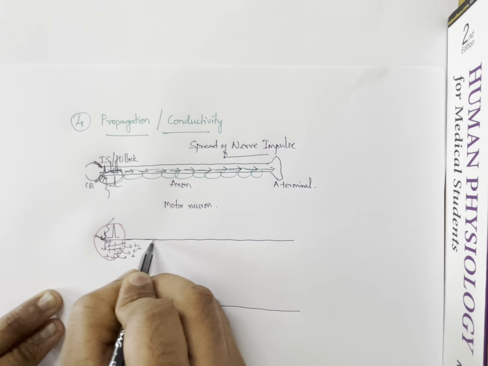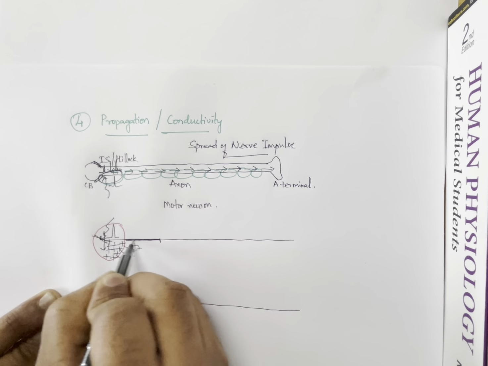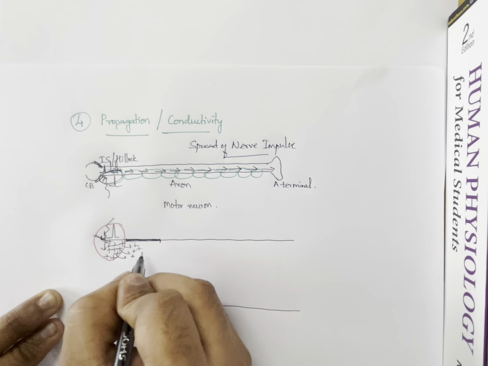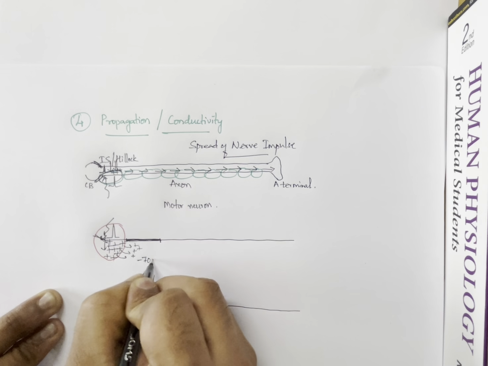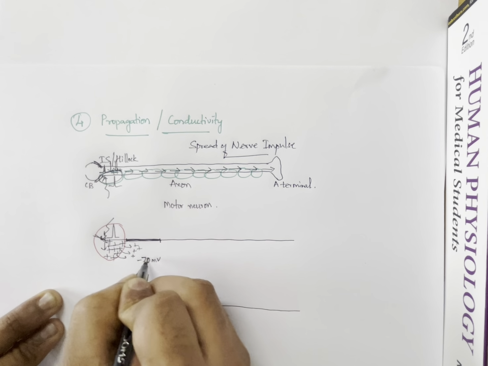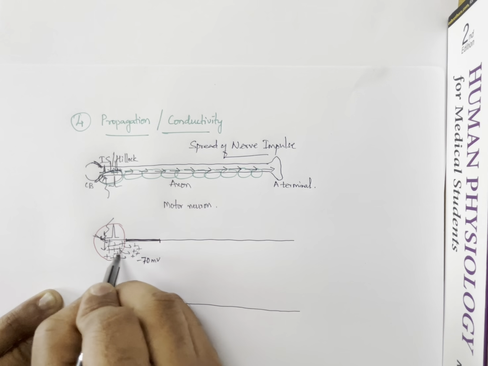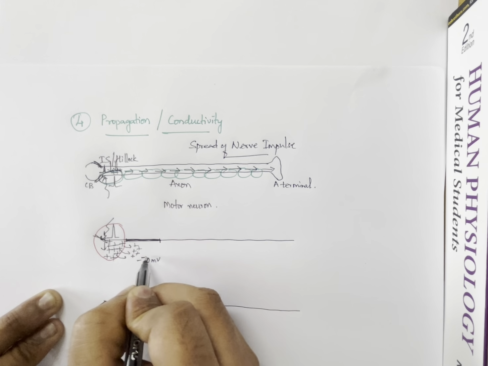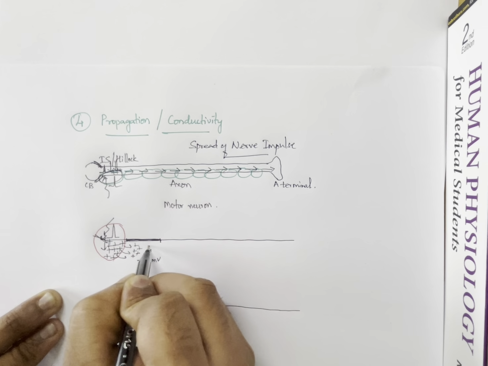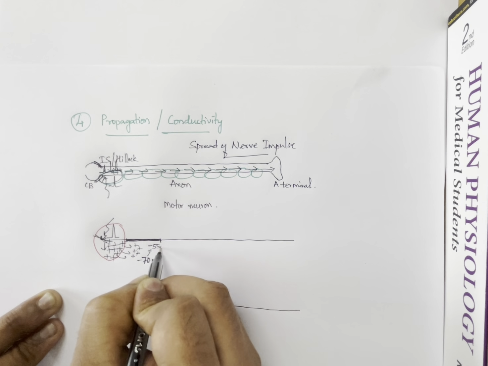What was the membrane potential in this neighboring area? It was at minus 70 millivolt, the resting state. Because of the diffusion of positive charge from the neighboring area, this minus 70 is taken to the firing level, that is minus 55 millivolt.